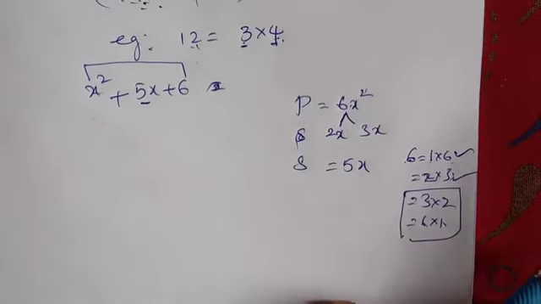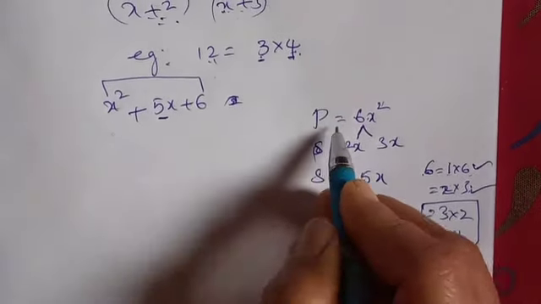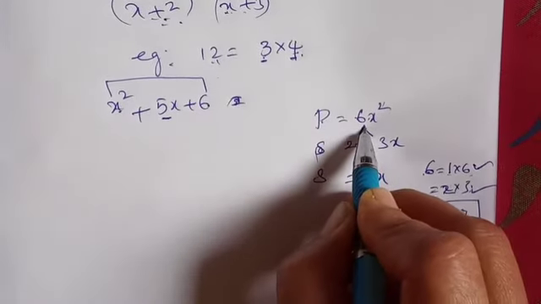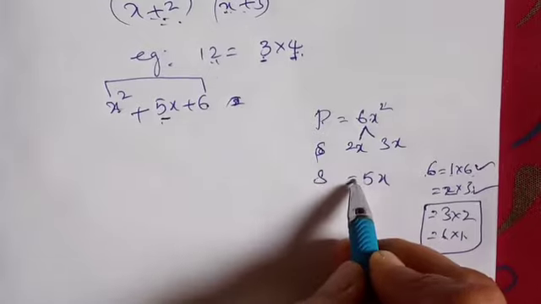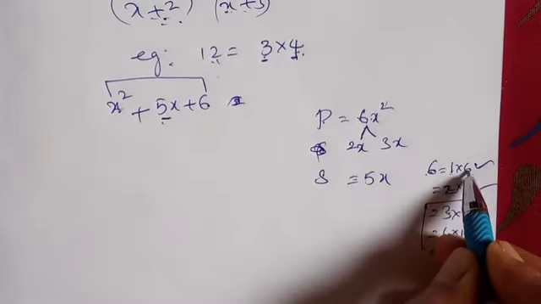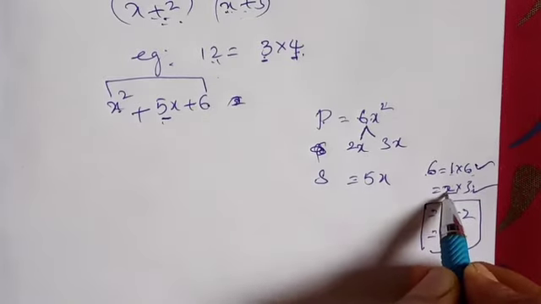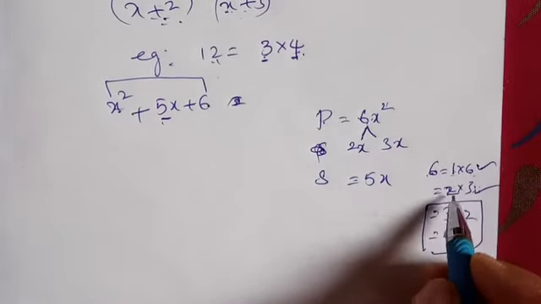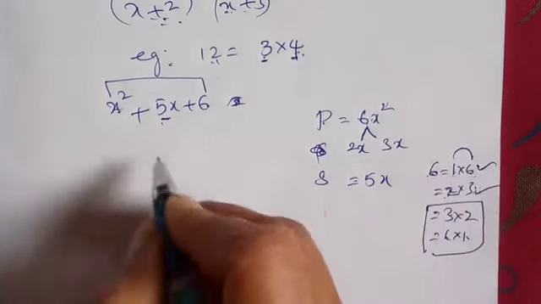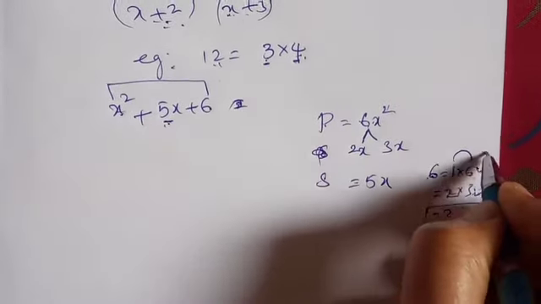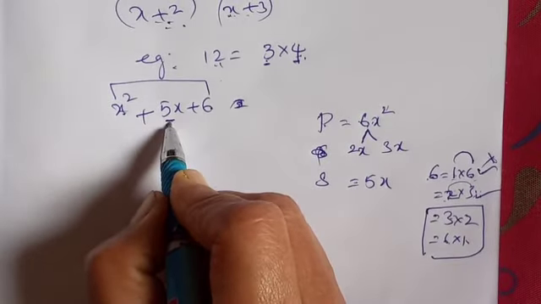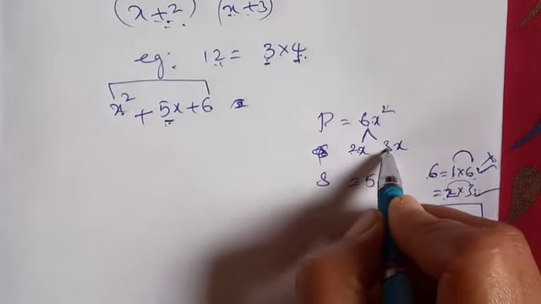So here now, what I have done, I took first and last term, which is called product, 6x square, and the middle term 5x, and factors of 6. 1, 6 also we can take, or 2, 3 also. We have to check by adding 6 and 1, are we getting the middle term? No. By adding these two, are we getting the middle term? Yes. So I have to choose these two factors.